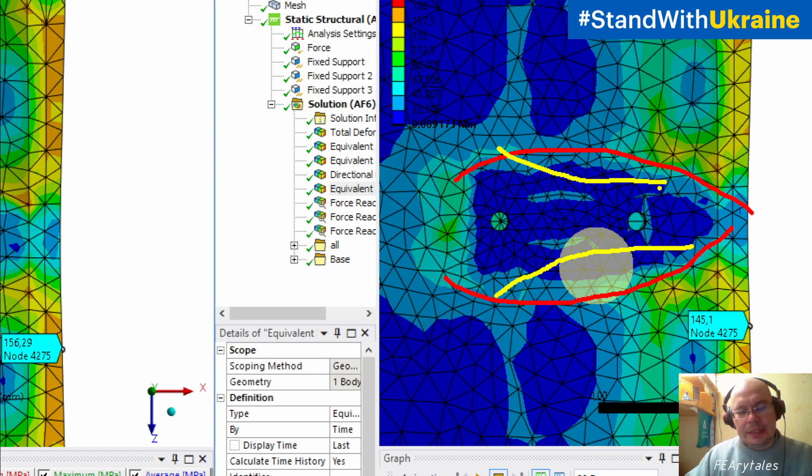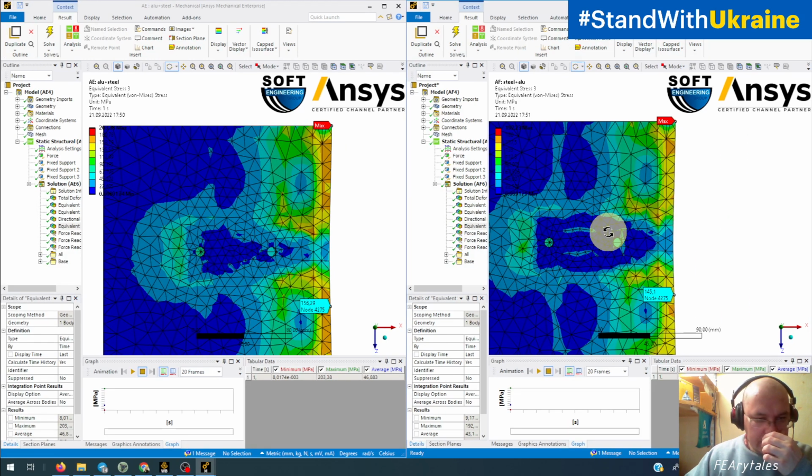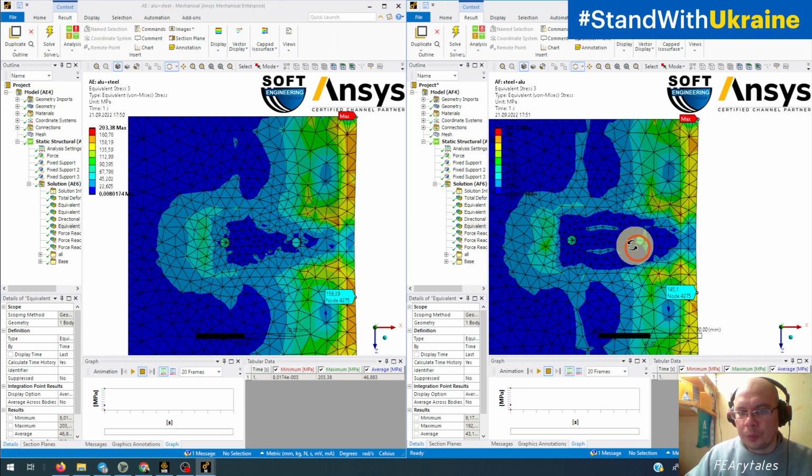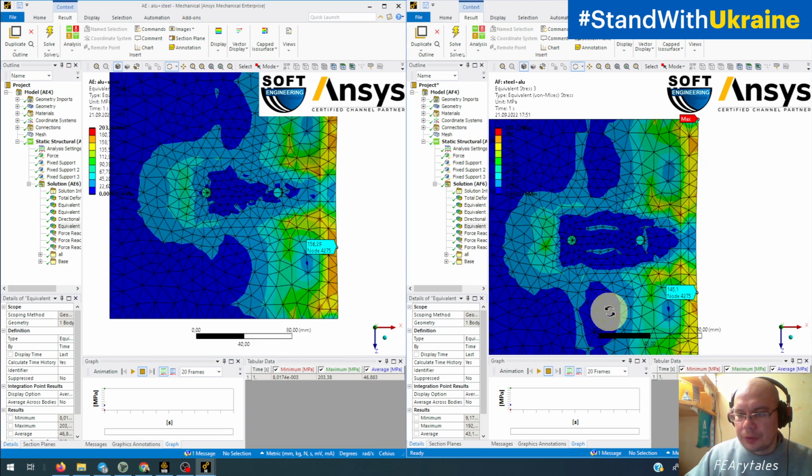So we see that we have some difference in behavior, some difference in maximum values and so on. We have some difference here, and we have some difference here.